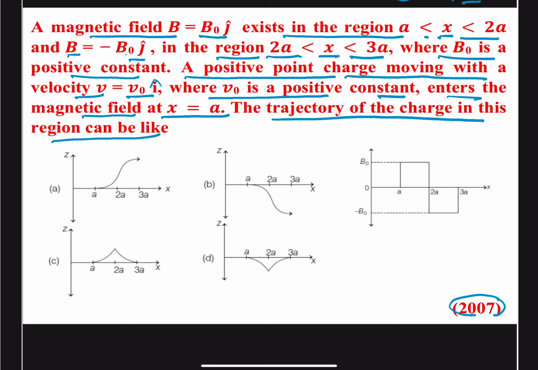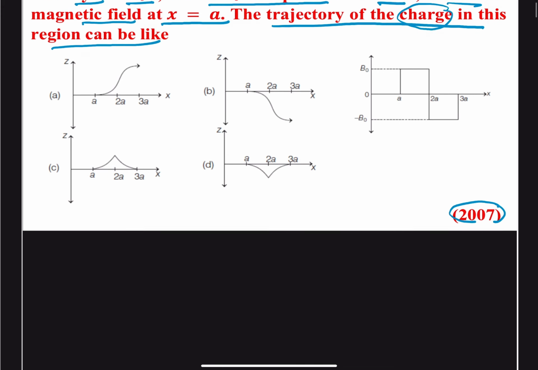So in this case, we have a point charge moving in the magnetic field, which is 0 from 0 to a, then from a to 2a it is B naught j, and from 2a to 3a it is minus B naught j.